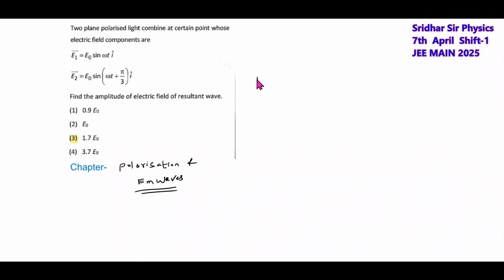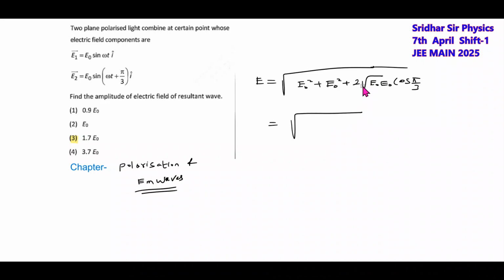Then the resultant amplitude is given by root of E naught square plus E naught square plus 2 E naught square cos pi by 3. This will become 2 E naught square plus 2 E naught square cos 60, which is 1 by 2. Everything will become E naught root 3.